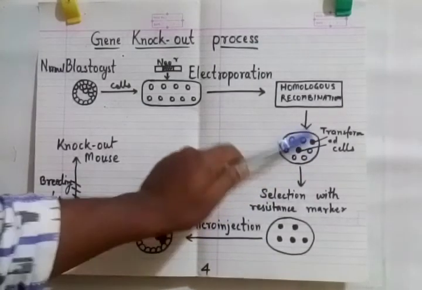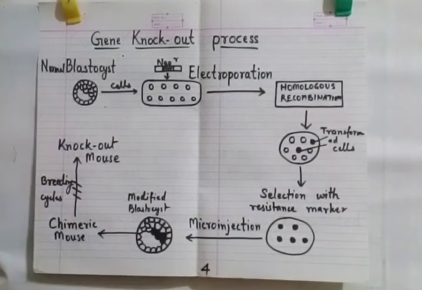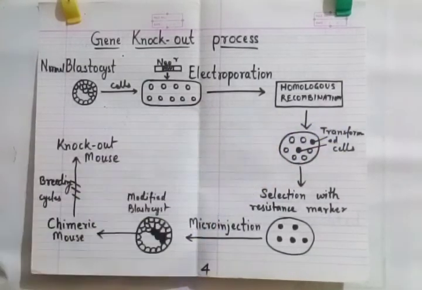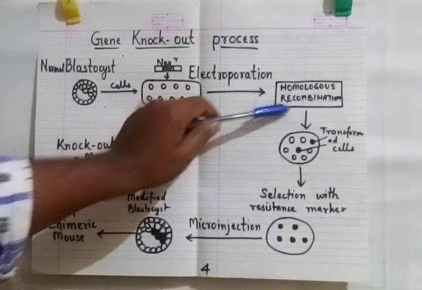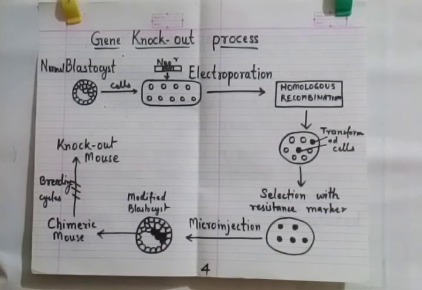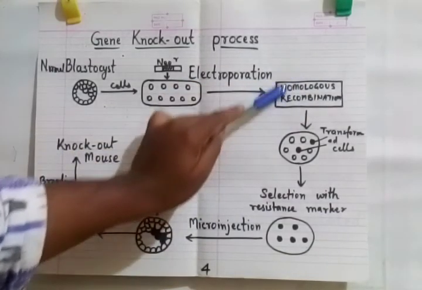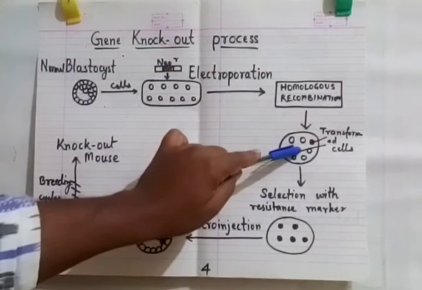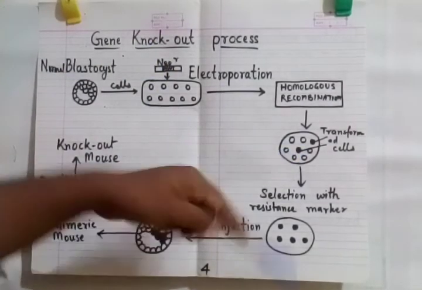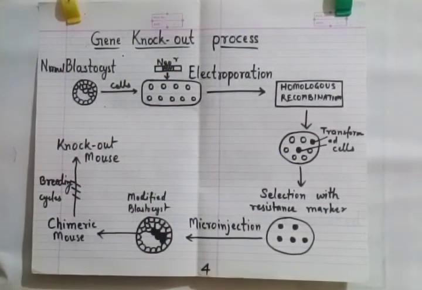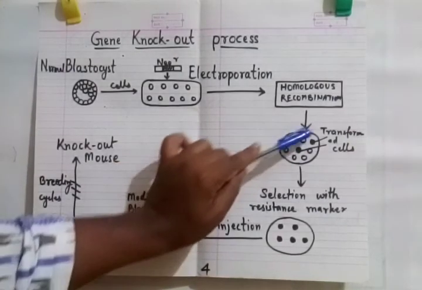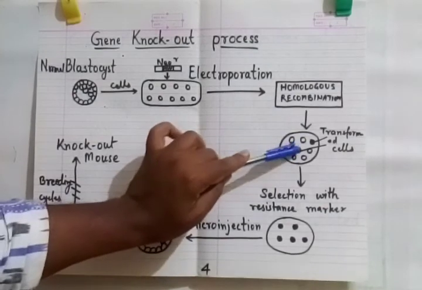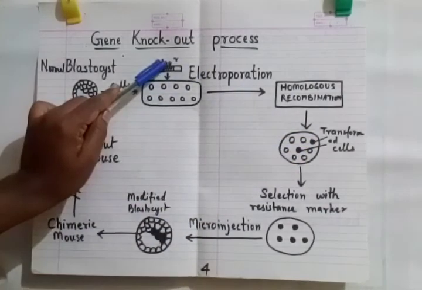Some cells may remain as normal as original cells, but some cells will get transformed after homologous recombination. Transformed means what? After this homologous recombination, the neomycin resistance gene will be inserted into the DNA of some cells and it will knock out the target gene. So in these 2 cells, the target gene is knocked out, and in these 2 cells, the neomycin resistance gene has been inserted.